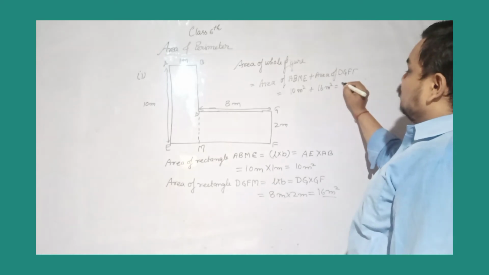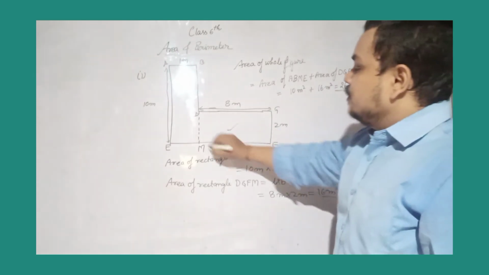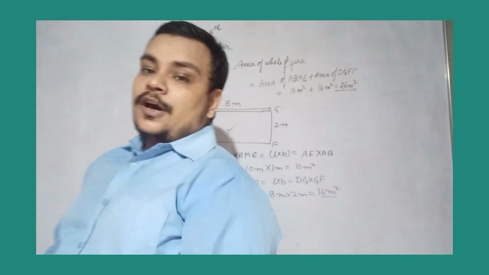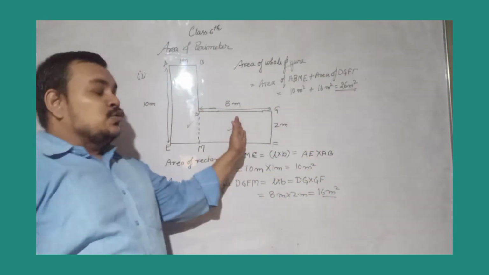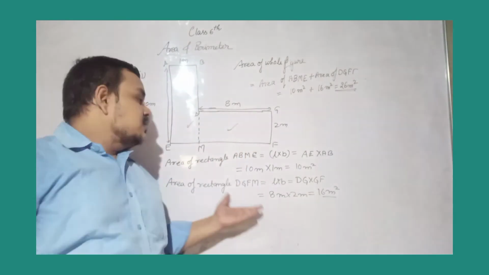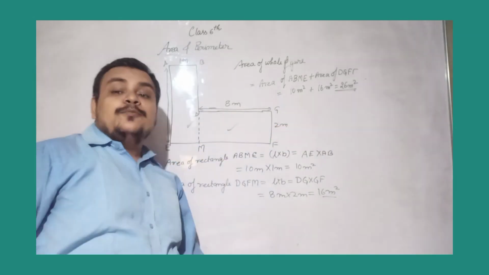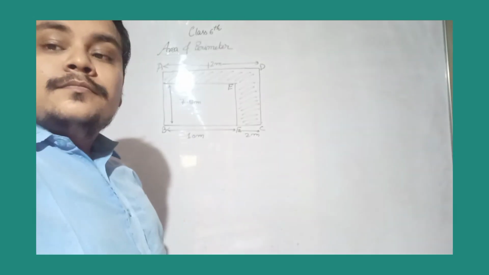So it became 26 meter square, the total area of this figure. It has been divided into two parts, two rectangles, and then we have easily found the area of this figure and then added together it became 26 meter square.